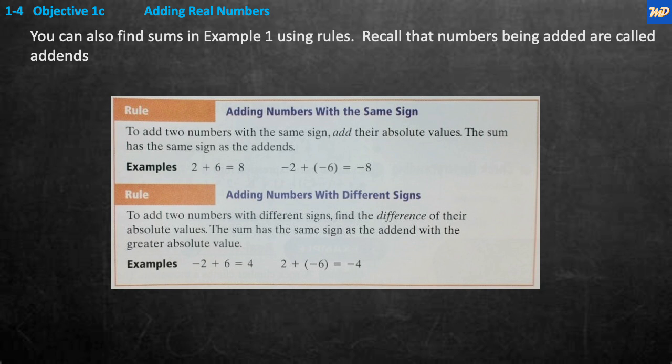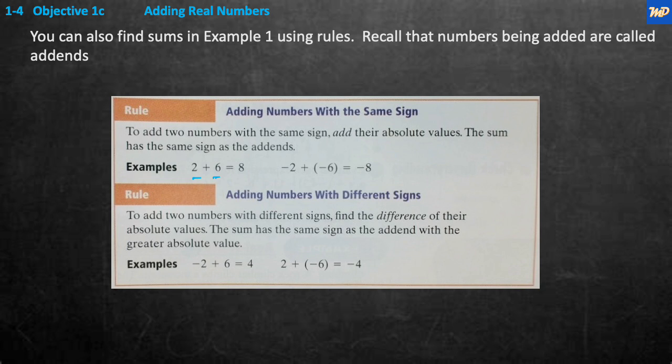Well, it's two numbers, right, of the same sign, so it doesn't matter if they're negative or positive. If they're both negative or both positive, you add the absolute values, which in the first one there is 6 and 2. You add them together and you get 8. But what is the sign? Is it negative or positive? Well, since both addends are positive, and this first rule is talking about like signs, it's going to be positive.